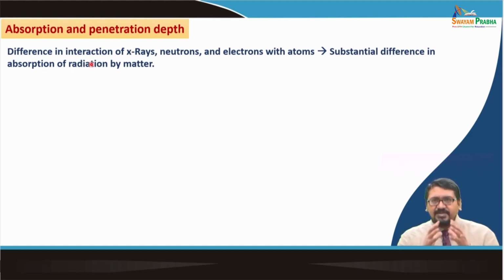Because of the nature of the interaction of X-rays, neutrons and electrons, there is a substantial difference between the absorption of these radiations with matter.